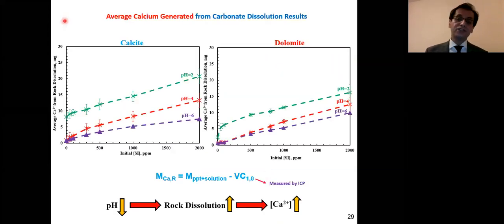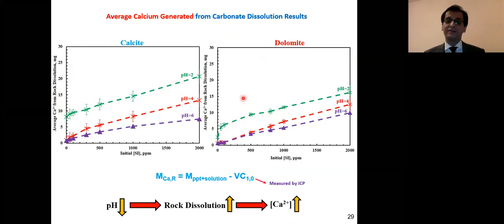Now, the average calcium generated from carbonate dissolution results. I have calculated the average calcium generated by rock dissolution for both calcite and dolomite. As you can see, in both systems, as pH is decreased, the amount of calcium generated by rock dissolution is increased.